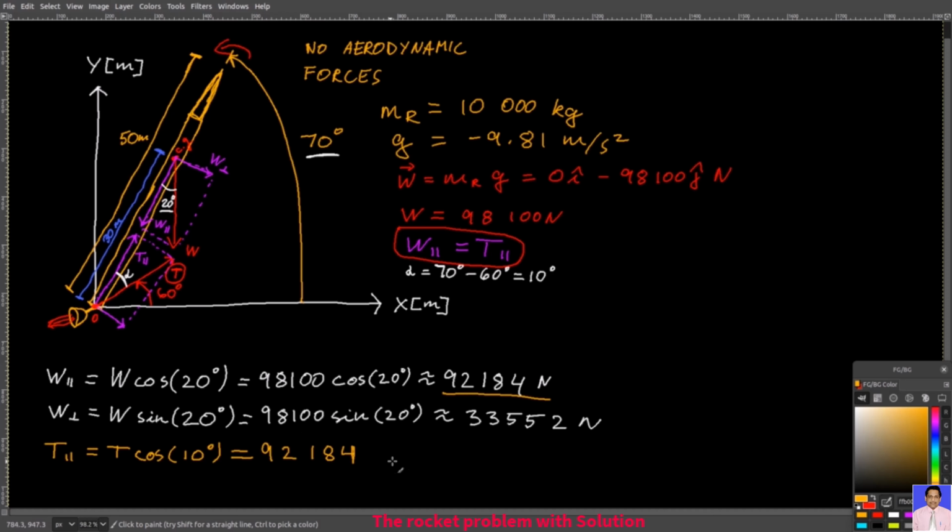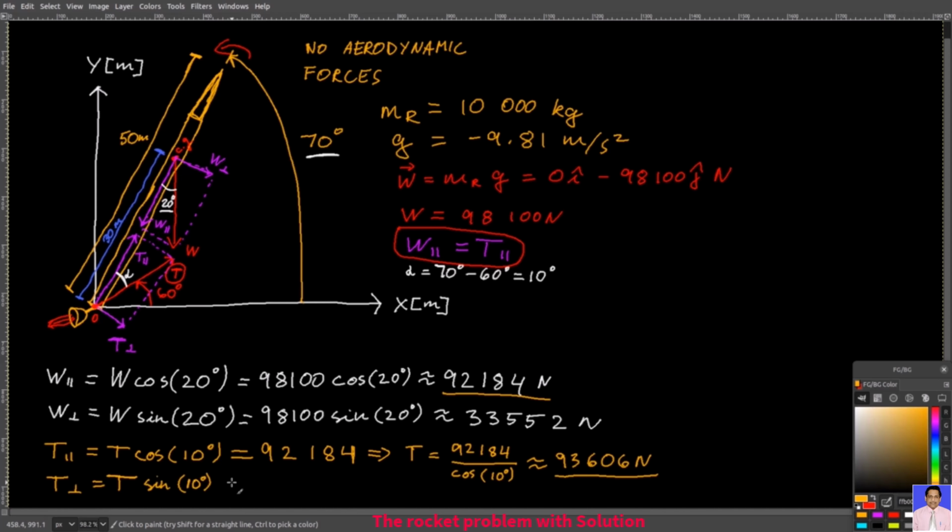From that you know that T equals 92,184 over cosine 10 degrees, so T approximately equals this one here. And then if you want to calculate T perpendicular, which is perpendicular to the rocket, you would write T times sine 10 degrees, so it's 16,254 newtons.